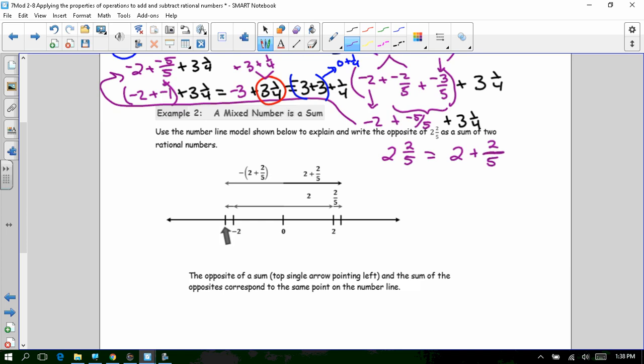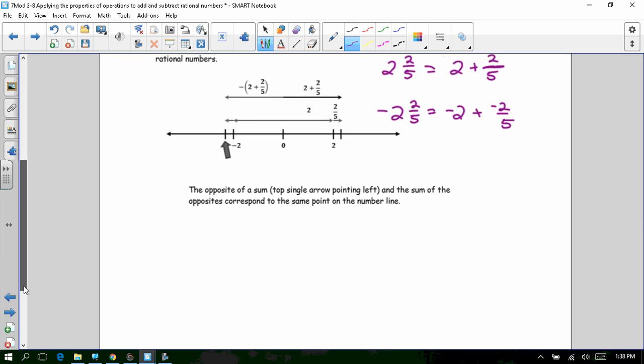I can just rewrite it into two separate parts. Or I could say the same thing with -2 2/5. That's the same as -2 plus -2/5. I can split them up, and by splitting them up, it makes it a lot easier for me.